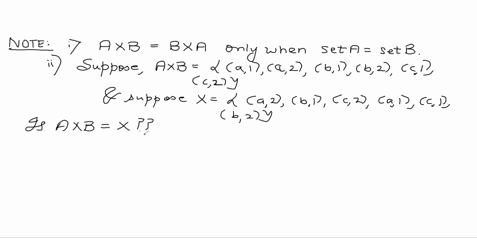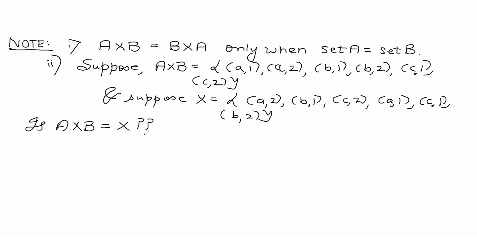When will they be equal? They will be equal if the internal order is not disturbed, but external order can be disturbed. A cross B will be equal to X if the internal ordered pair is not disturbed, but externally it can be disturbed.